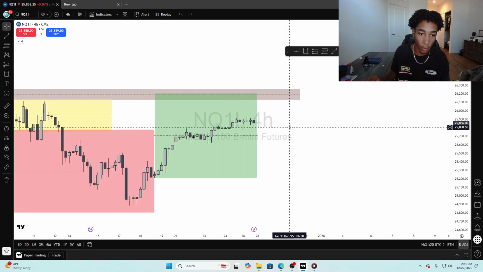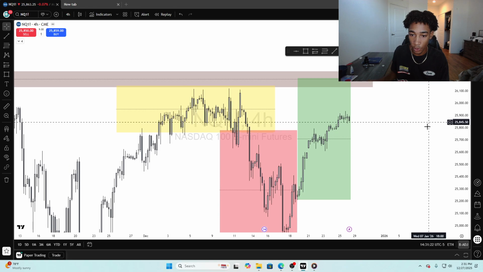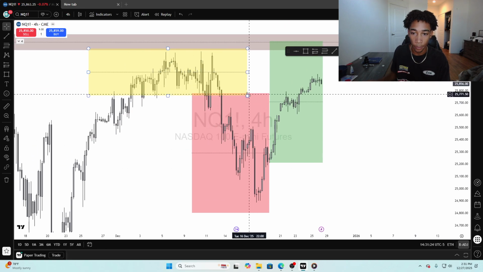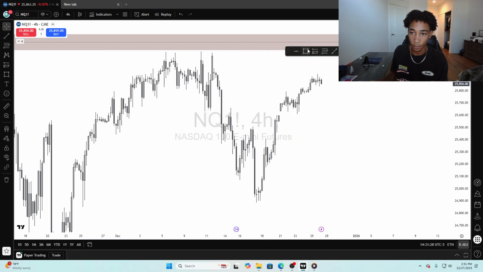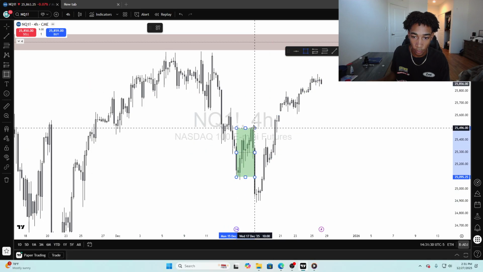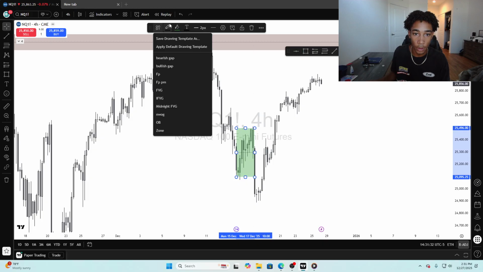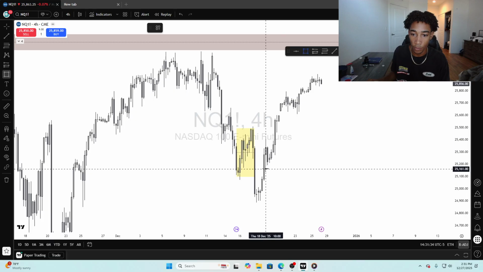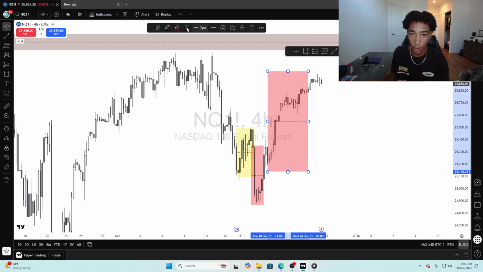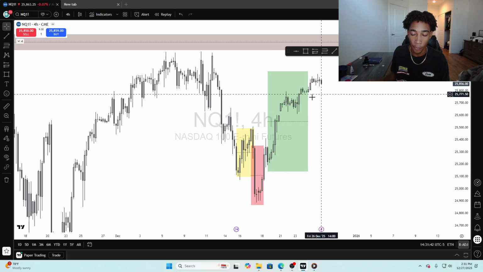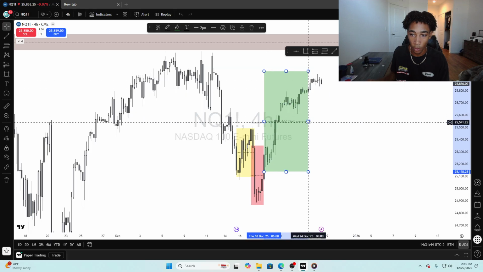With that being said, same look on the 4 hour. Right here, in the range, is your accumulation, manipulation, and your distribution. Understand?